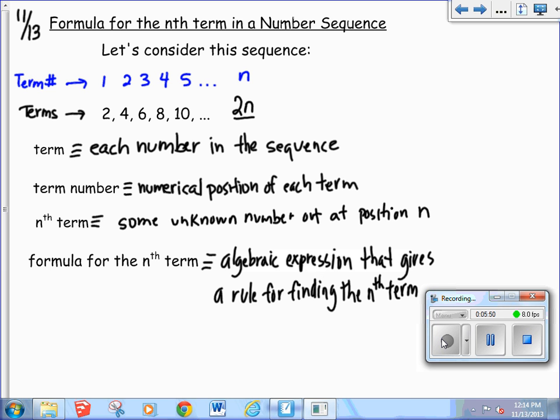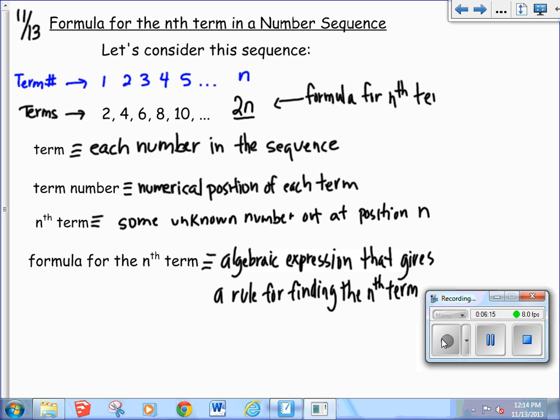So this is the first term. When I multiply it by 2, yeah, I get the first term here. Let's skip and go to 4. If I take 4 and I multiply it by 2, I get 8, which is that term. So yes, 2n is correct, and that is called the formula for the nth term. That's what we're looking for today.